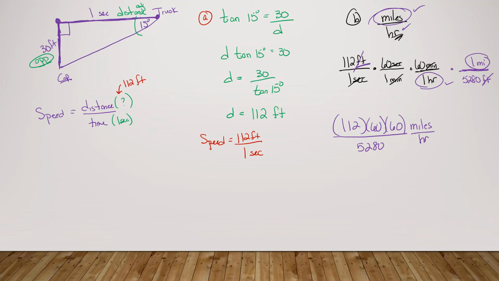So you do your work, I'll do my work. Hopefully, we end up with the same answer. If I round to the nearest tenth, I have got 76.4 miles per hour, better known to us as mph, right?